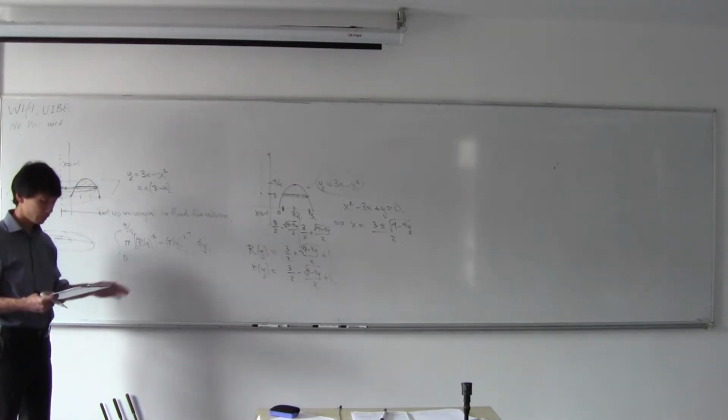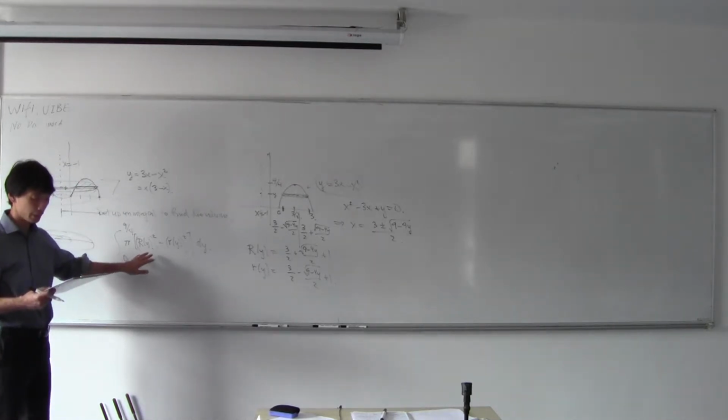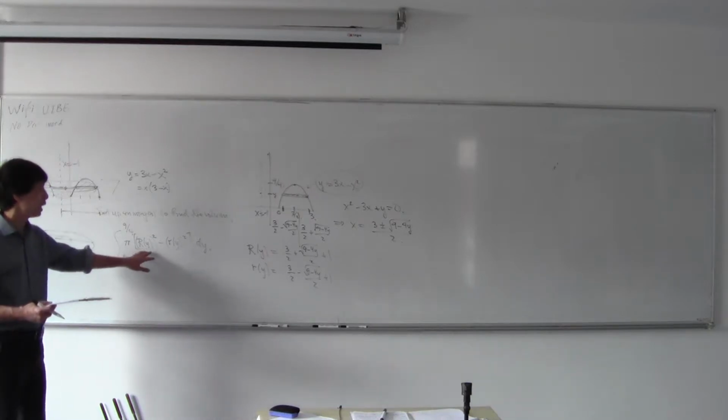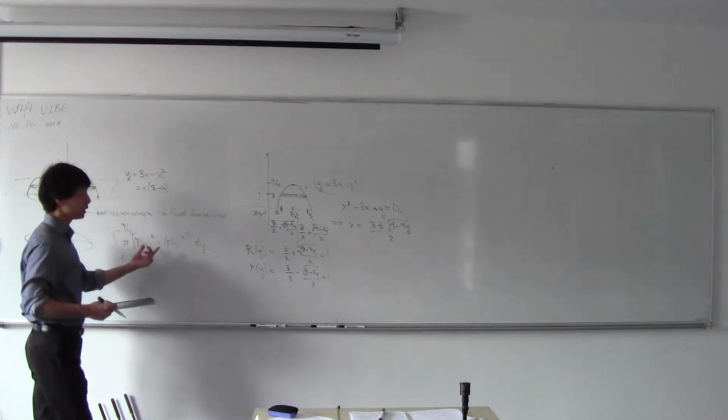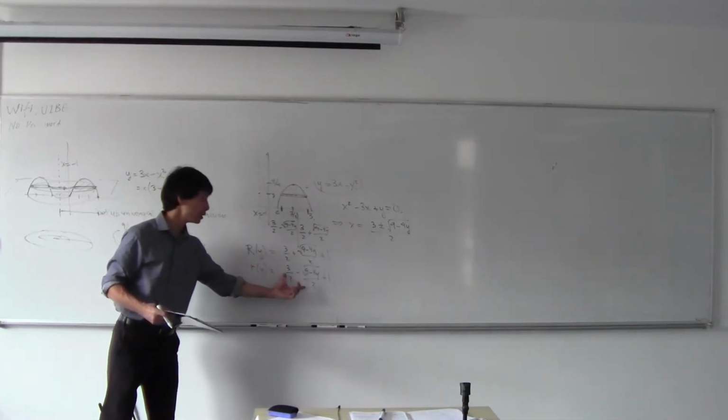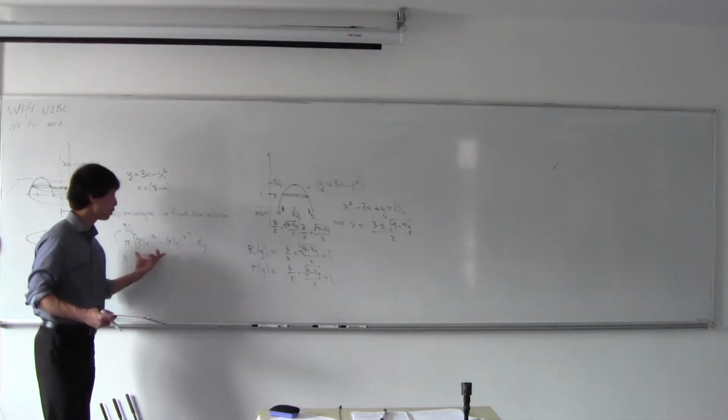Just plug in these things: pi times this thing squared minus this thing squared, quantity dy.